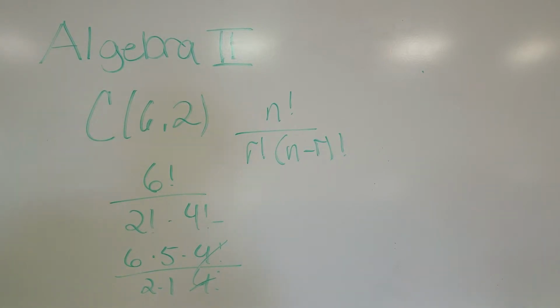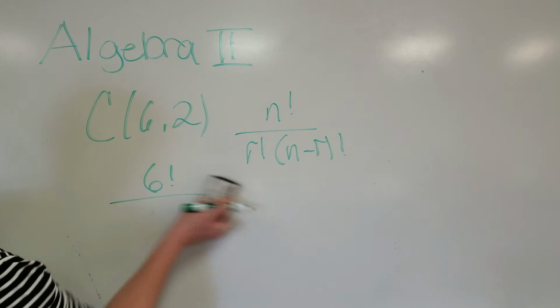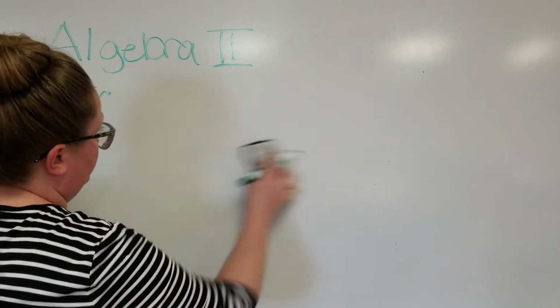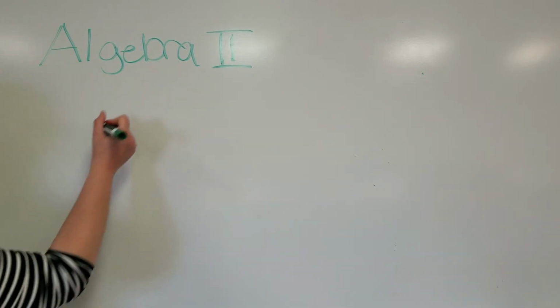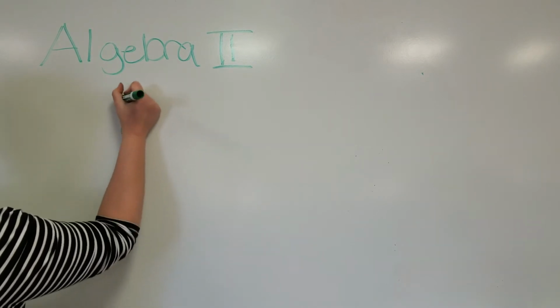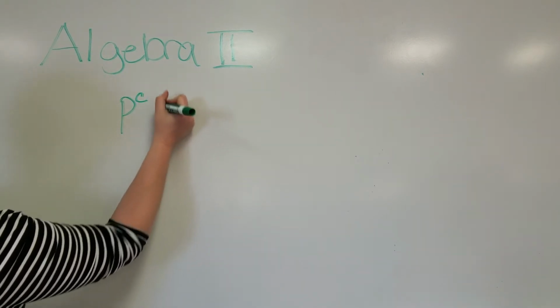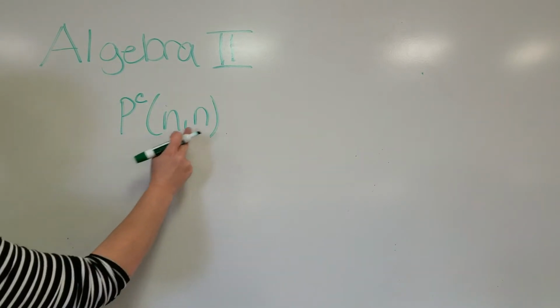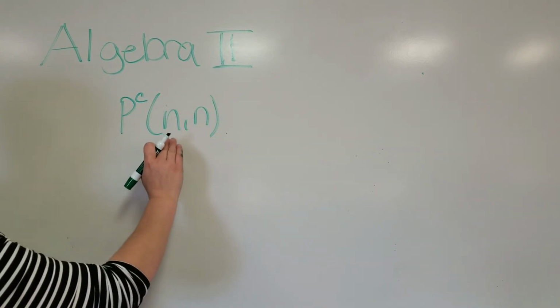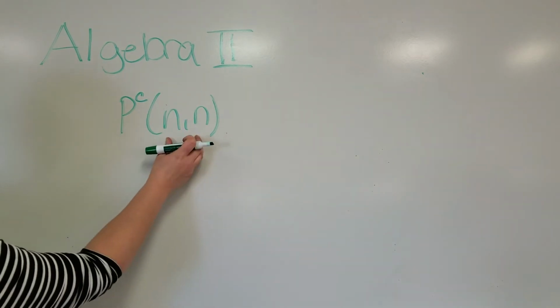Problem number 16, they ask for a circular permutation, okay? So it has a P and it has a little C next to it of 4, 4, right? So in this case, for a circular permutation, this is not the same one as it's on the front page of your study guide because that is NR. Again, this one is NN, so it has the matching numbers right there.